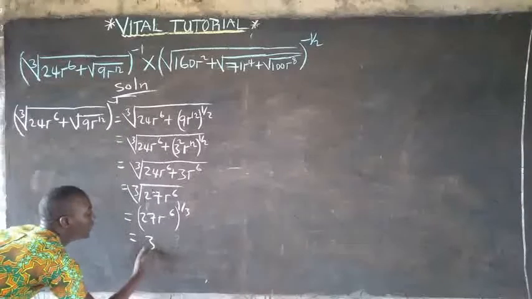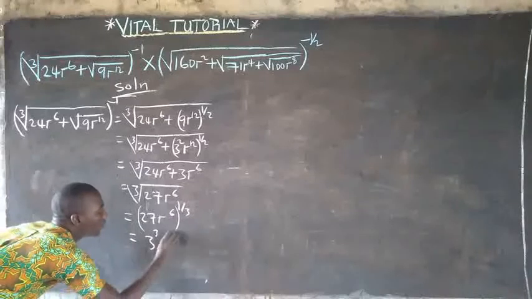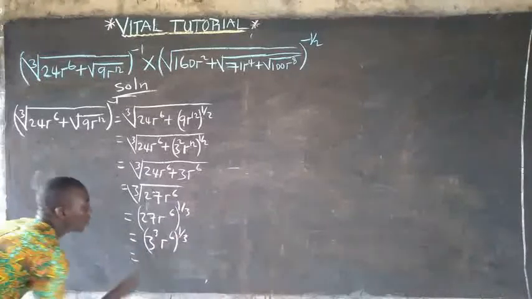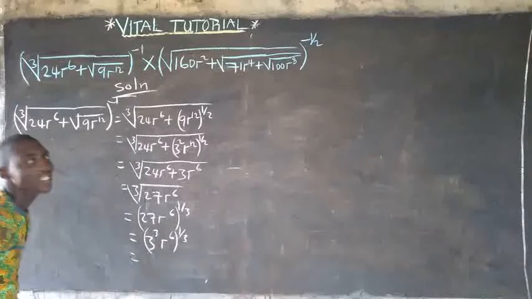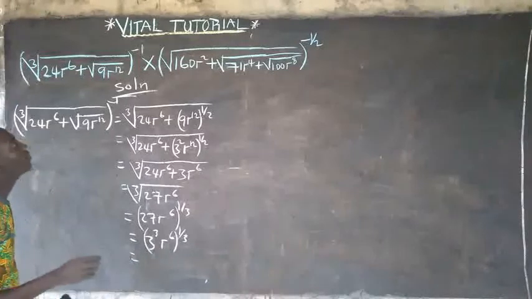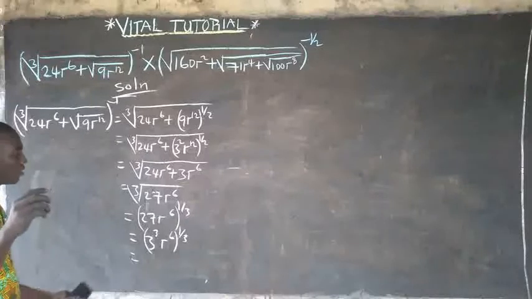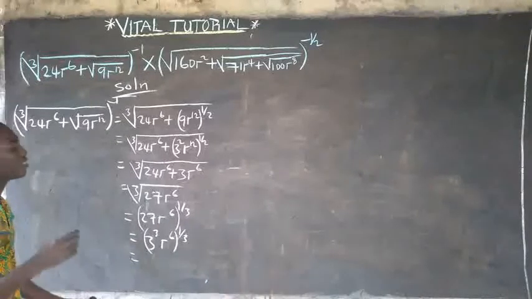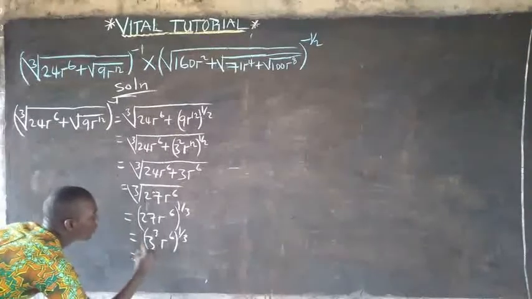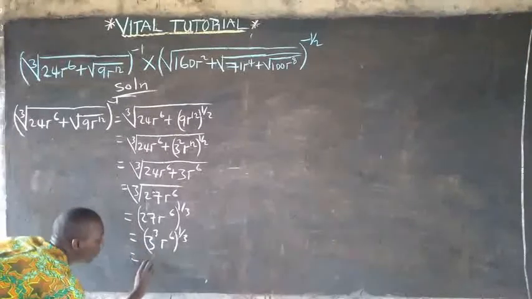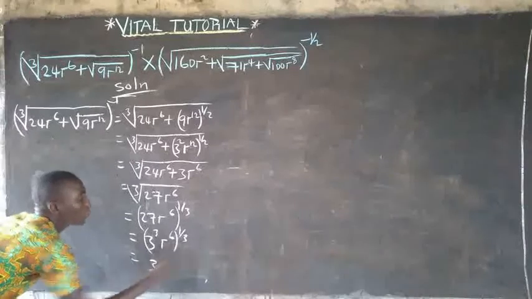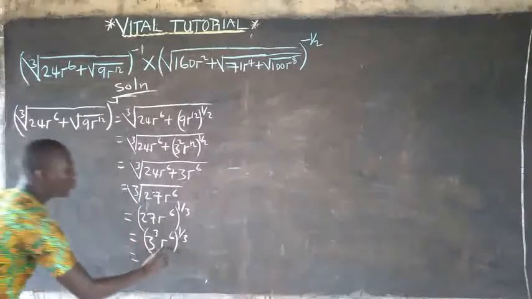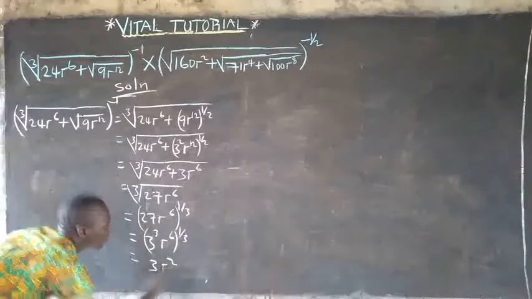So it will be 3 raised to the power of 3, r raised to the power of 6, all raised to the power of 1 over 3, which is equal to: 3 times 1 over 3 is 1, and 3 raised to the power of 1 is 3. 6 times 1 all over 3 is 2. So r raised to the power of 2.